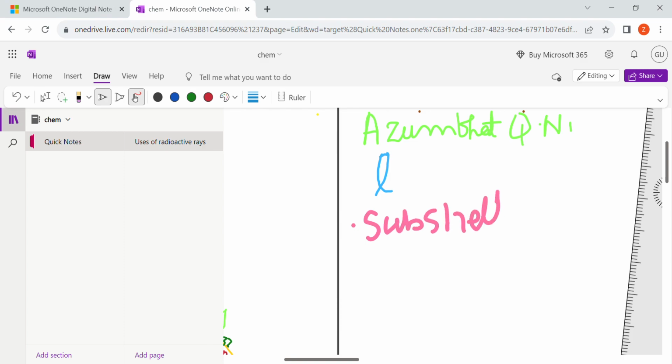The names of the subshells are S, P, D, F.